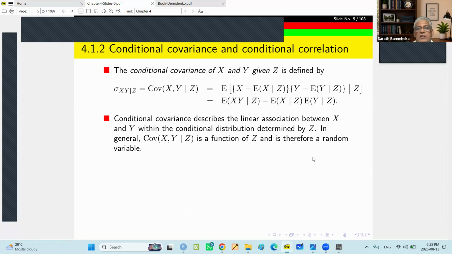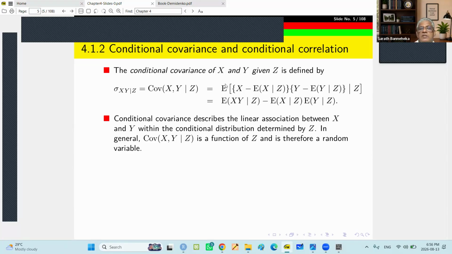Now let us look at the next type of covariance and correlation, that is conditional covariance and correlation. The conditional covariance of x and y given random variable z is defined by the expected value of x minus the expected value of x given z times y minus the expected value of y given z, for all given z.